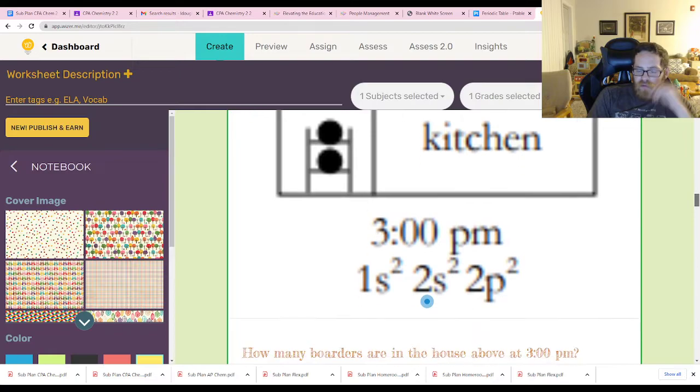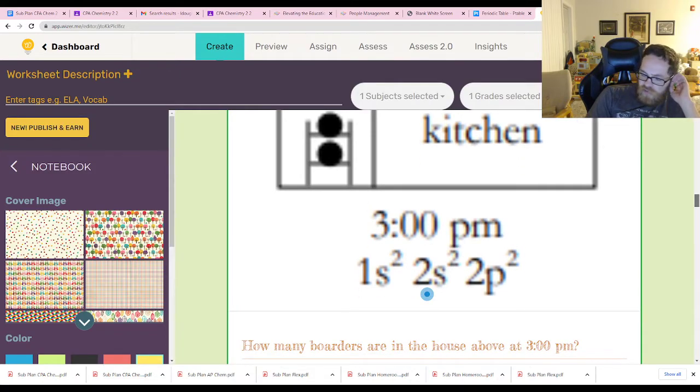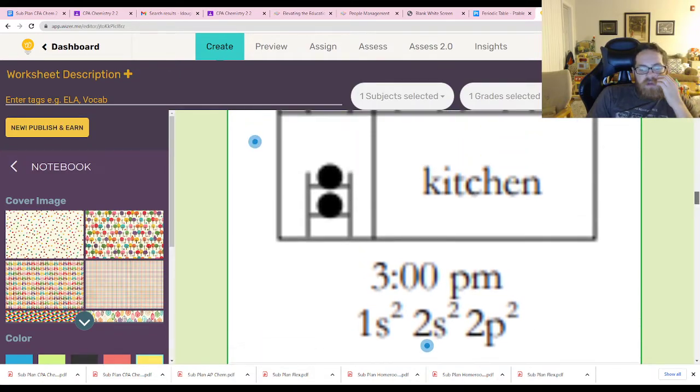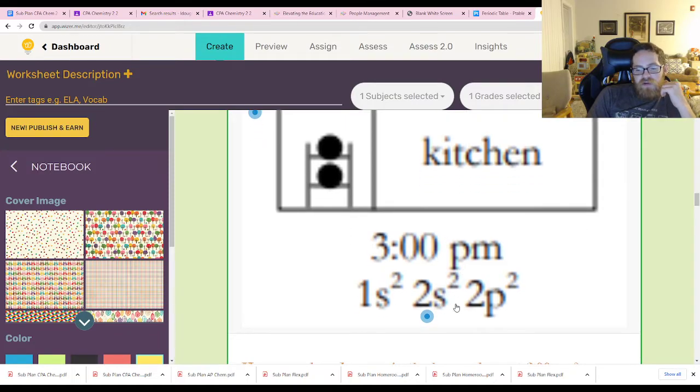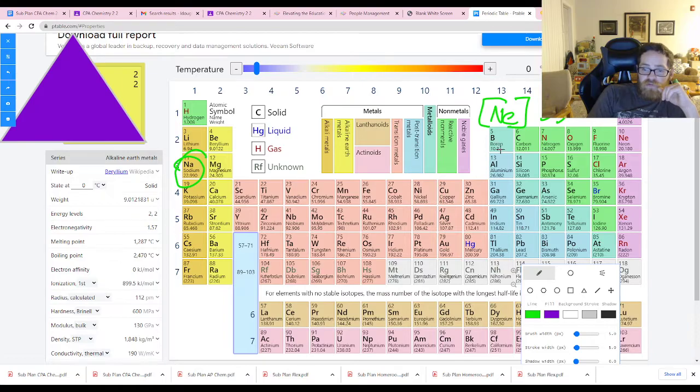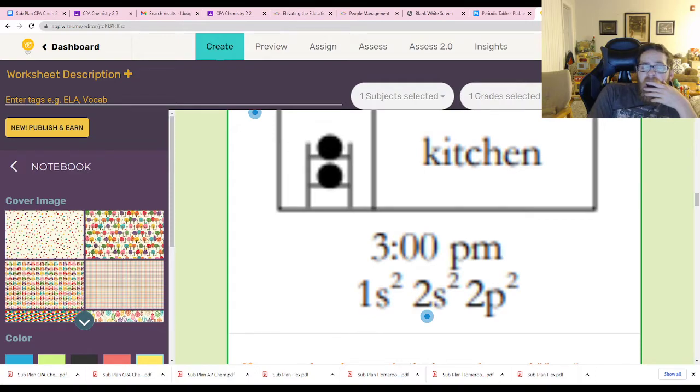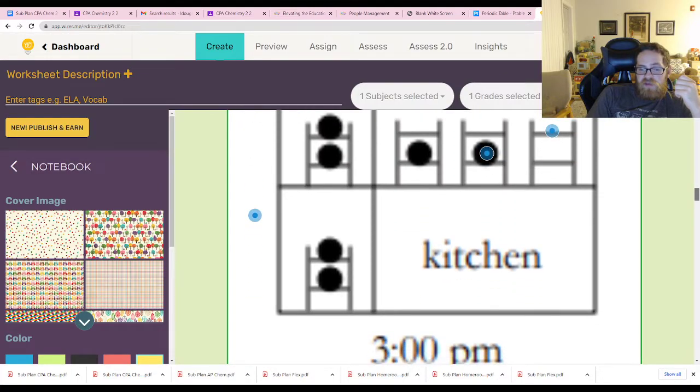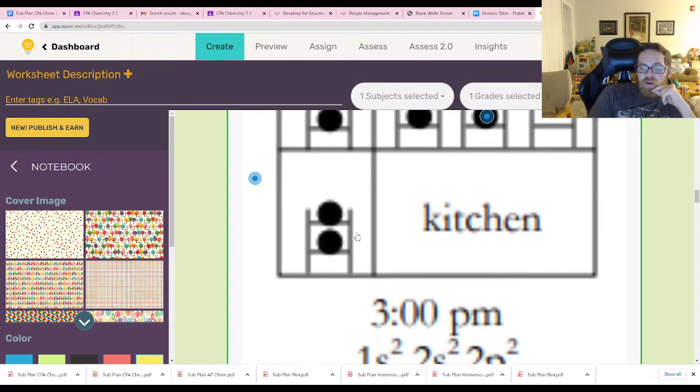There are 6 people looking for rooms, just in the same way that a 2s2, 2p2 atom, which would be, we look for our second row, we look for the second one of the p1s, carbon. Carbon has 6 electrons, just like this has 6 borders.